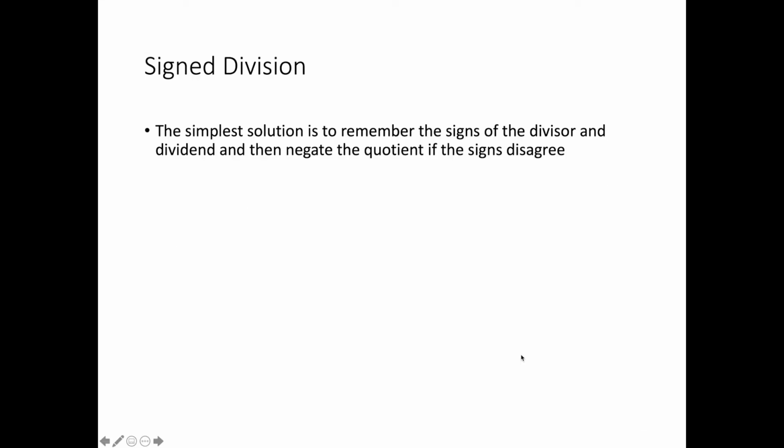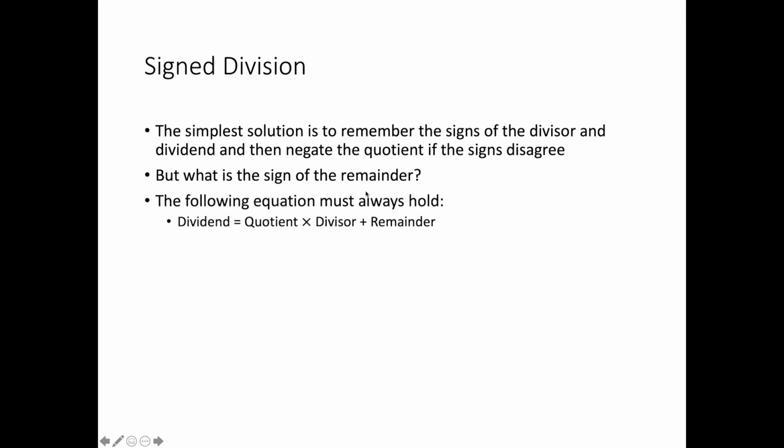Next, I'm going to talk about signed divisions. When we are trying to do division on signed numbers, the simplest solution is to remember the signs of the divisor and dividend, and then negate the quotient if the signs disagree. But the question is, what is the sign of the remainder?